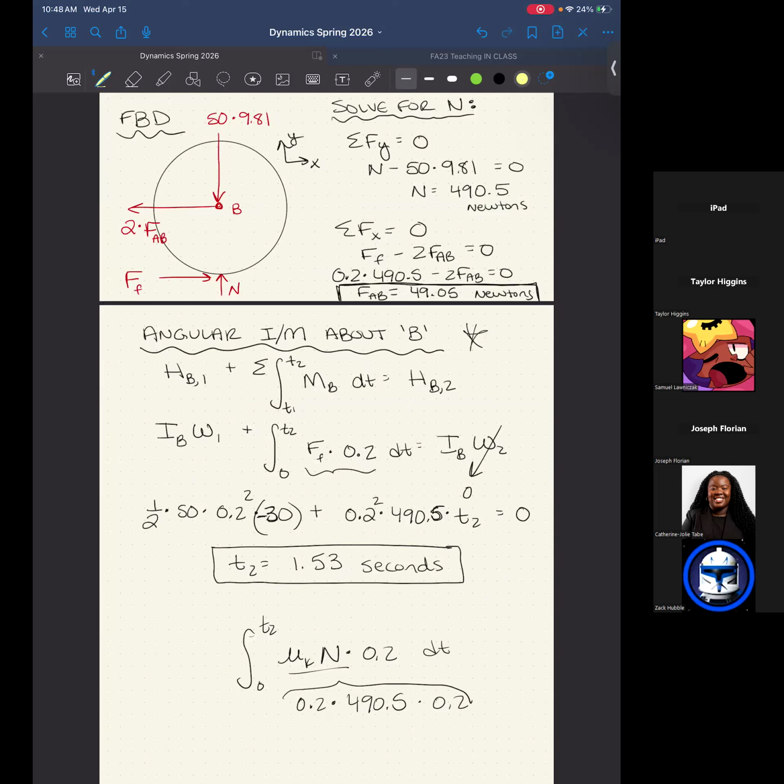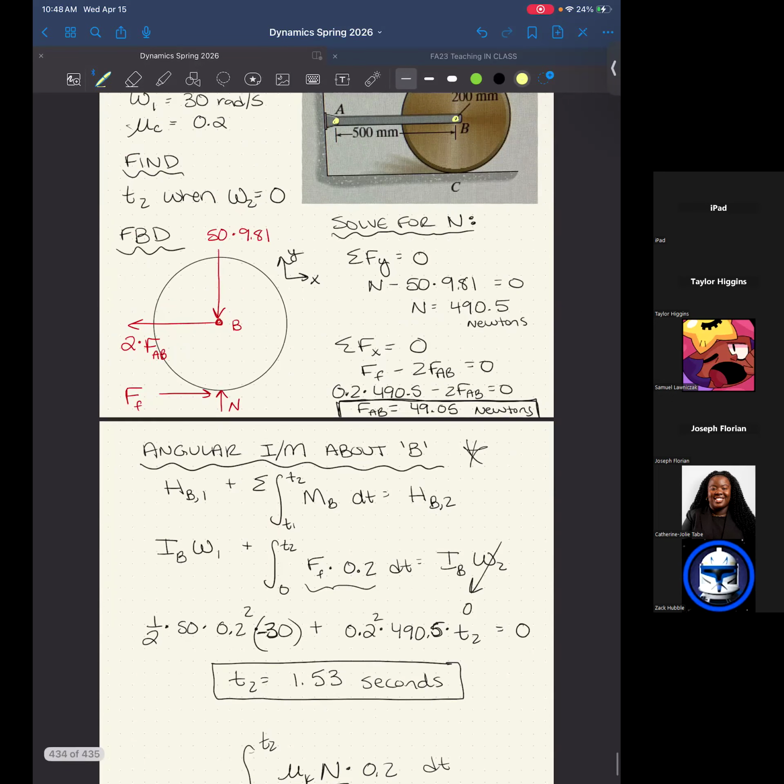If you would have done clockwise as positive, then you would just have to have the moment in the integral be negative. That would be equivalent to that coordinate system. Yep. All right, questions?